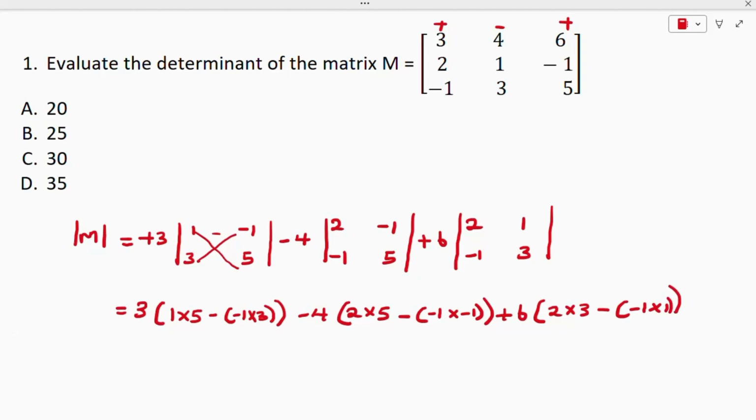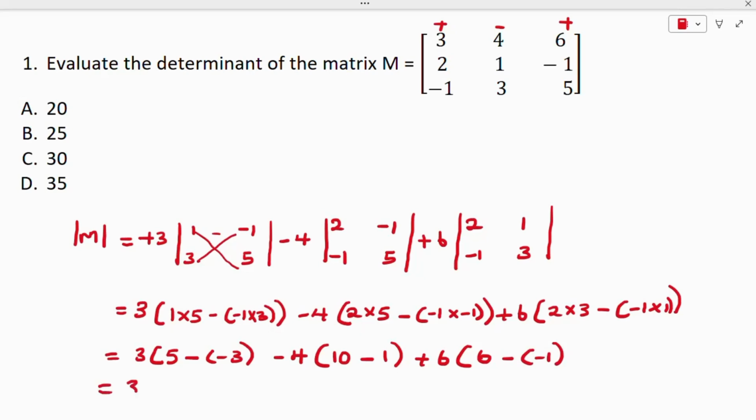Okay, so this is equal to 3 into 1 times 5 is 5 minus 1 times 3 is going to give us minus 3, minus 4 multiply 2 times 5 is 10 minus negative 1 times negative 1 is going to give us 1, plus 6 into 2 times 3, we have this to be 6 minus into minus 1 times 1 is going to give us minus 1.